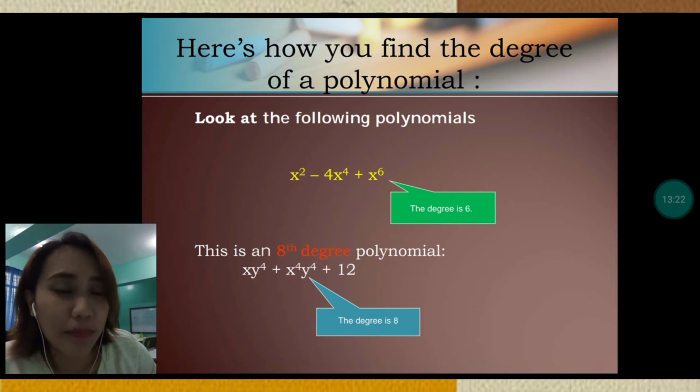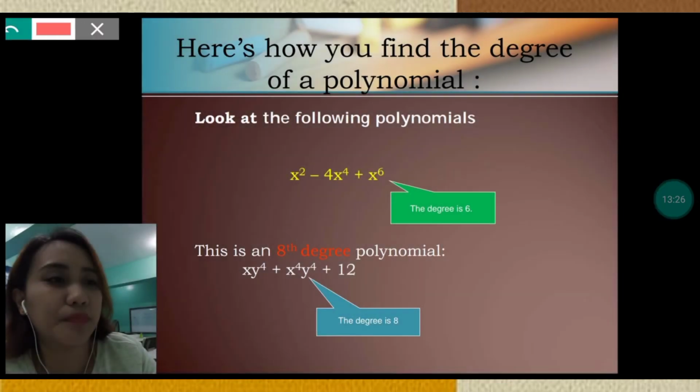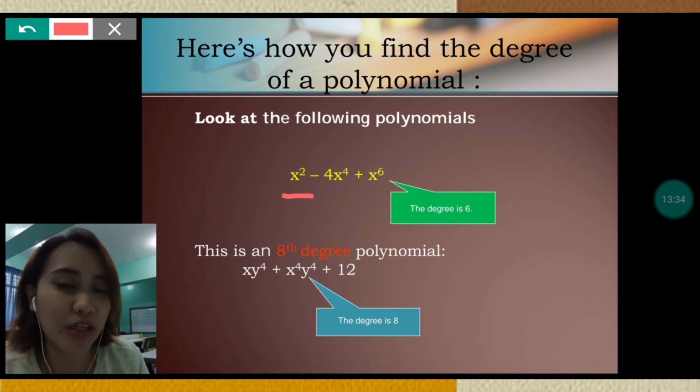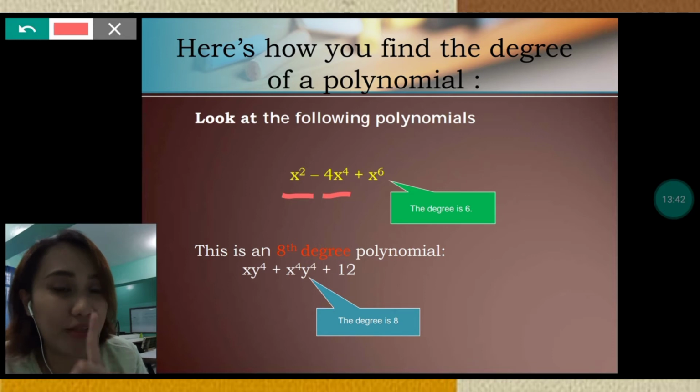But if we talk about the individual terms, let's have x squared. Its degree is 2, since that is the exponent of the term. For the second term, negative 4x to the 4th power, the degree of the term itself is 4.